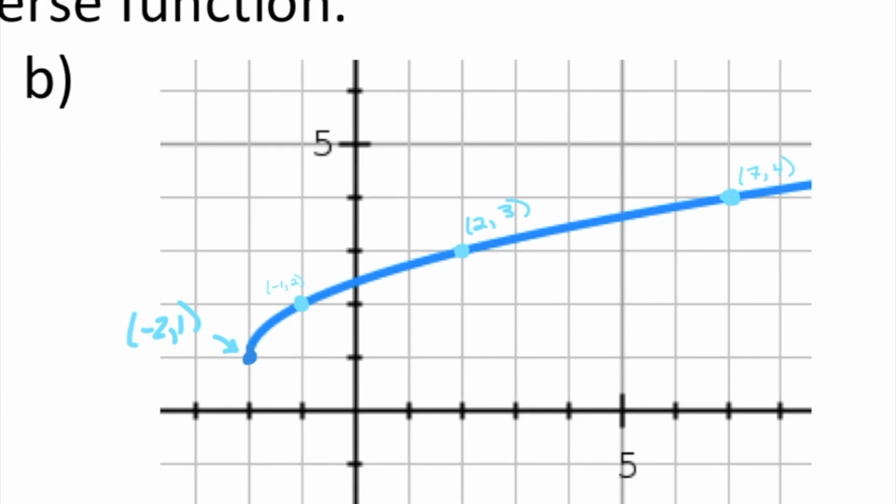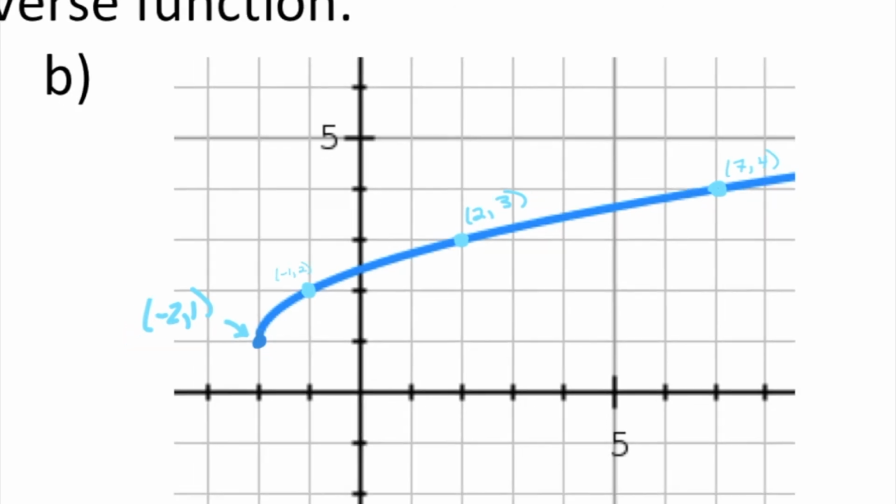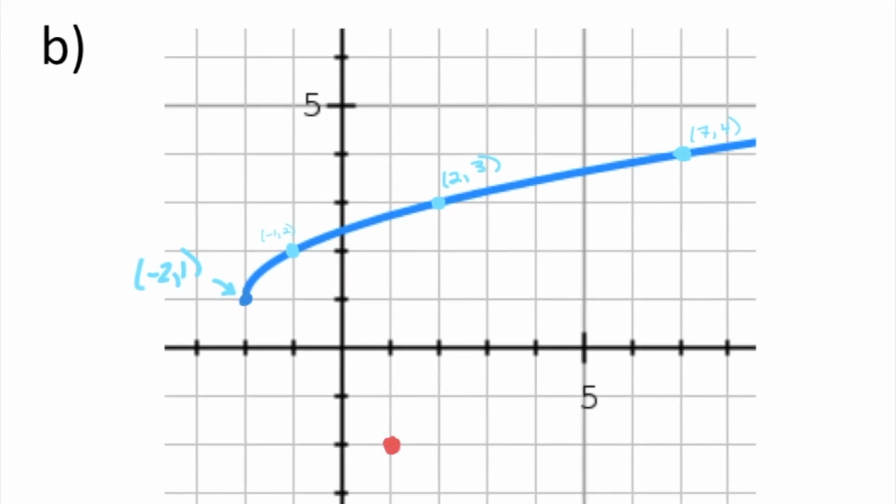And so I'm going to literally graph those 4 points. And so I'm going to graph 1, -2. That's going to be my endpoint. And then 2, -1. And then 3, 2. And I can't graph 4, 7. It would be up here somewhere, and that just gives me some direction to go in. And so my inverse graph is going to be something like that.